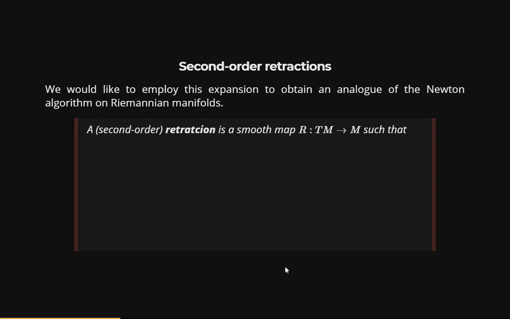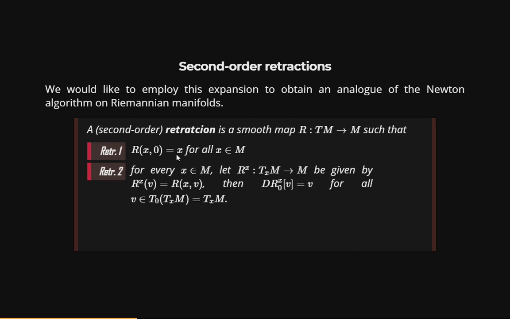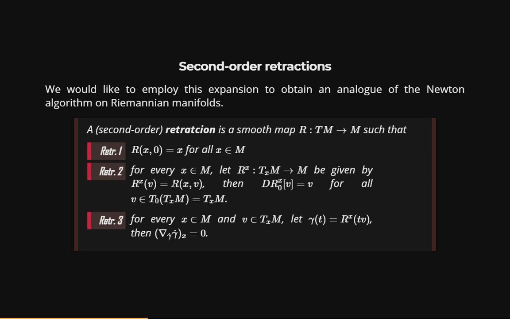Now, a second-order retraction is a smooth map R from the tangent bundle to M, or a subset of the tangent bundle to M, such that if you apply R to the point X, the vector 0, you get X. If you fix X and have a map from the tangent space at X to M, then the differential at 0 of this map is the identity. And the first two were a first-order retraction.